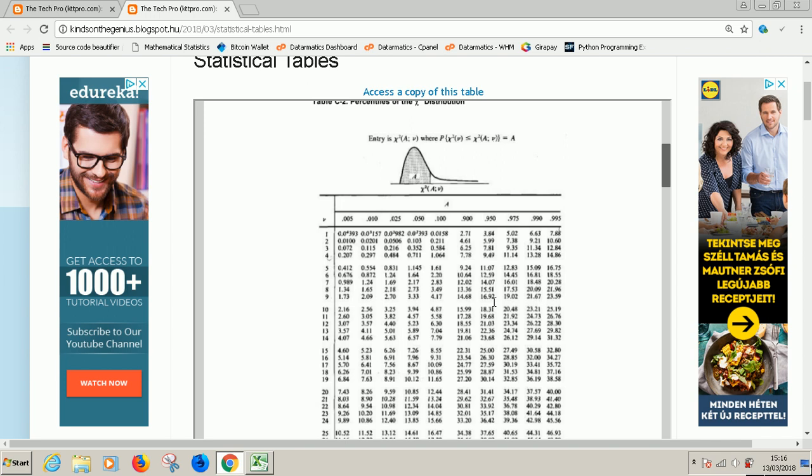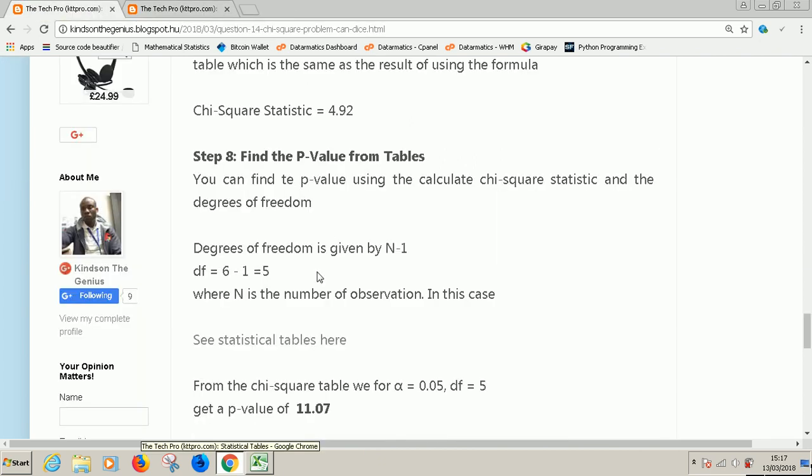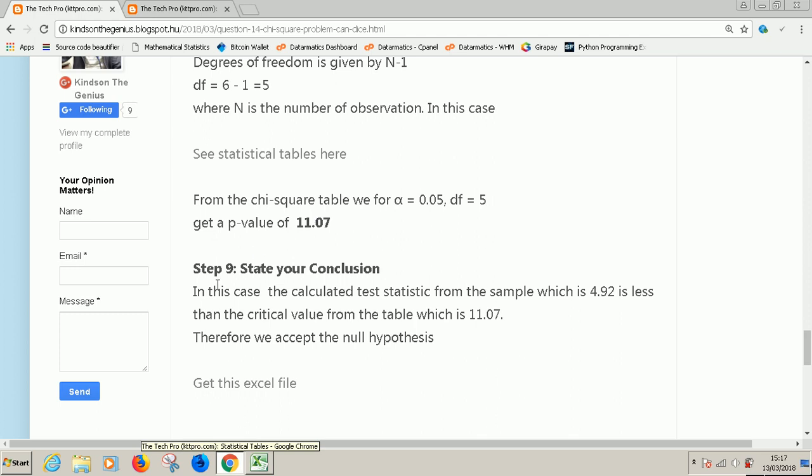I think we are going to explain a little later about degree of freedom and confidence level, but we have 11.07, as you can see from this 95%, which is 0.95, and degree of freedom of 5 gives us 11.07. Alright, so the final step we are going to take is to state your conclusion.